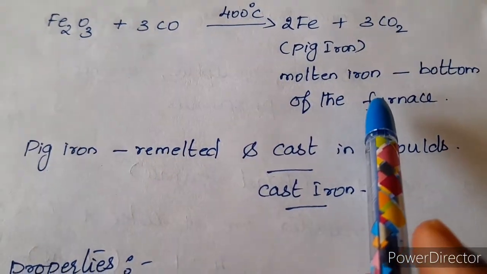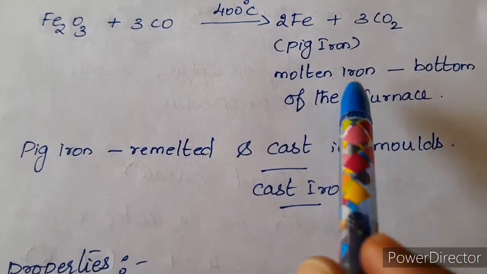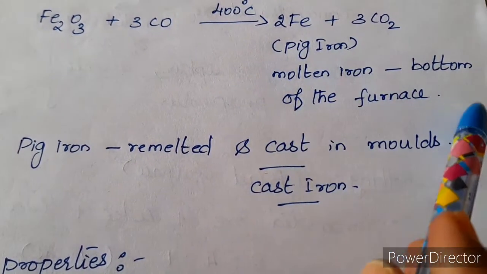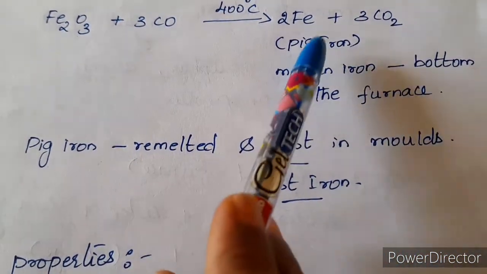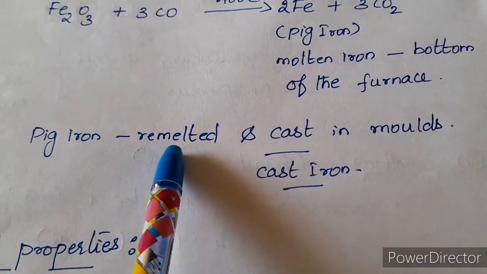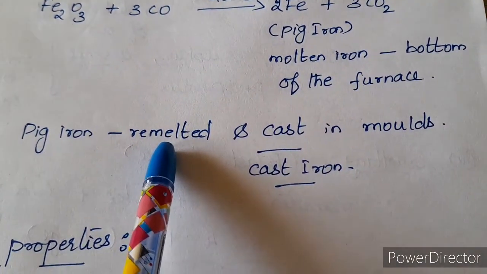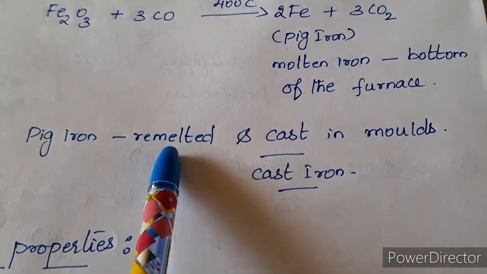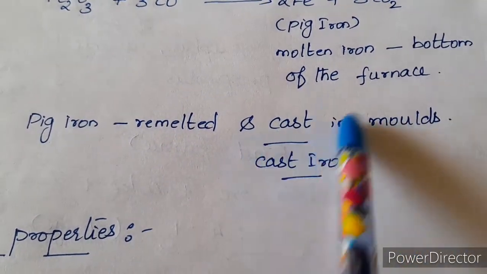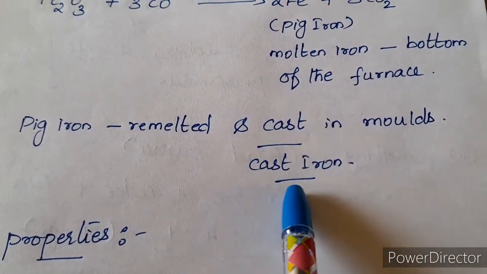At the bottom of the furnace, there will be an outlet in which this molten iron can be collected, right? Now this pig iron is remelted. Remelted in the sense it is again melted and cast into molds, and this is called the cast iron.